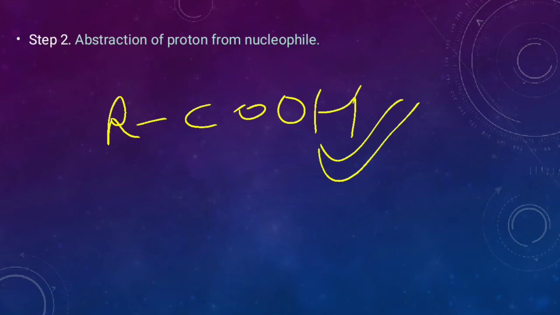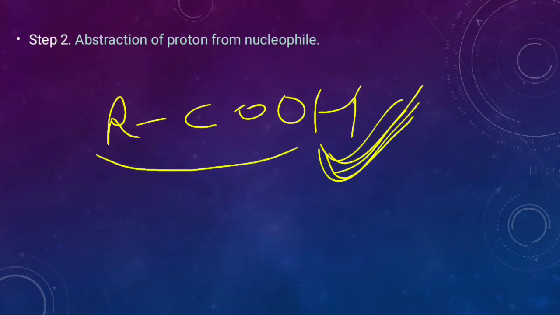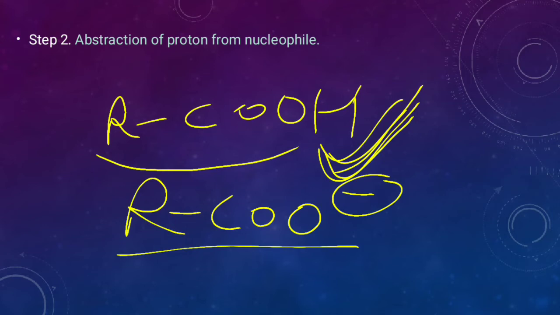So the zwitterionic intermediate abstracts this proton and forms an anionic nucleophile. In the fourth step, this anionic nucleophile attacks the activated alcohol.